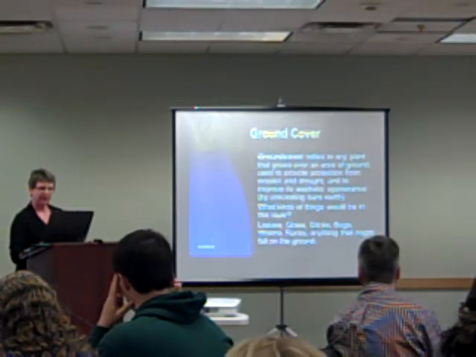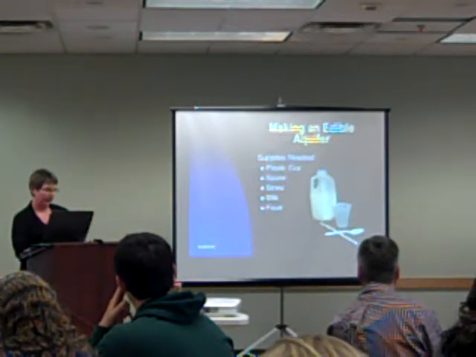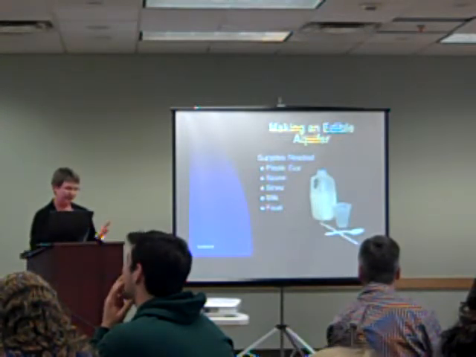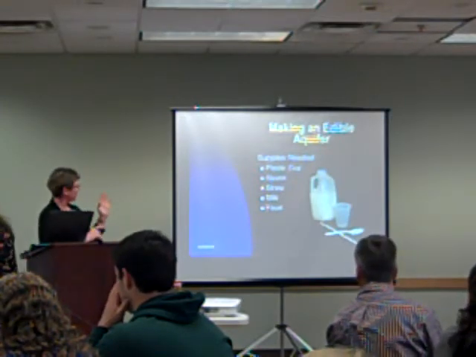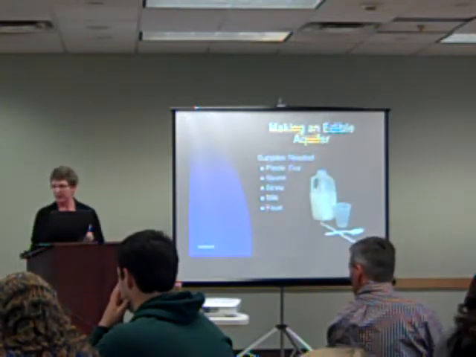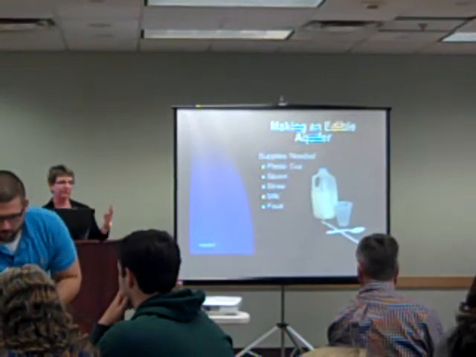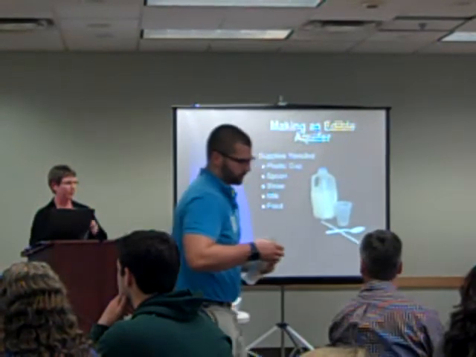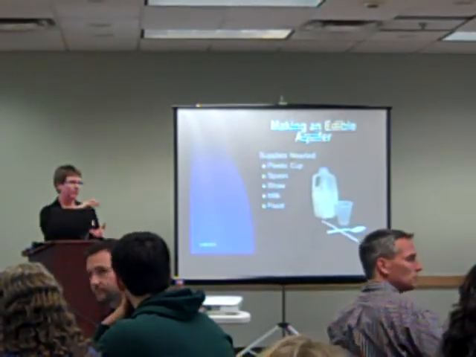So next on our list, we're going to make an aquifer. We need supplies: plastic cups, spoons, straws, milk, and food products. Normally we would give one to every student, and they would fill it up and go through the process. Once we're done making the aquifer, we pour milk in it.